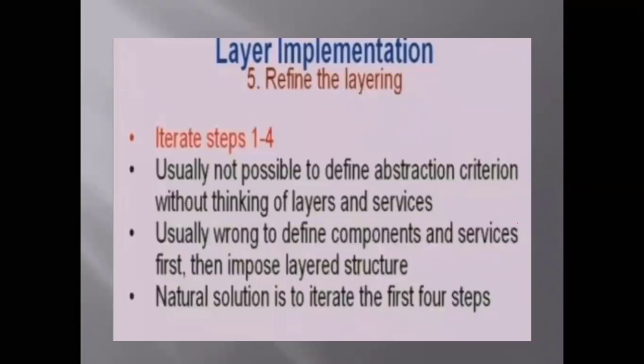The fifth step is refining the layers. We should iterate from steps 1 to 4, so that we get the proper abstraction criterion, the different layers, and the roles assigned to those layers. If we get to that, then we will be able to reach some level of correct defining criteria and abstraction levels.